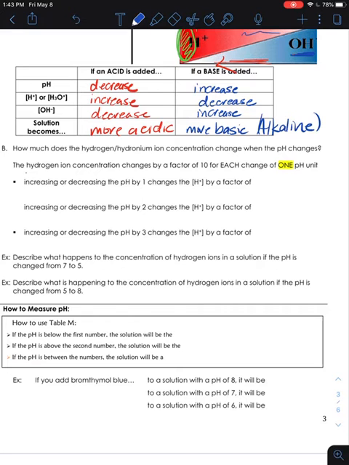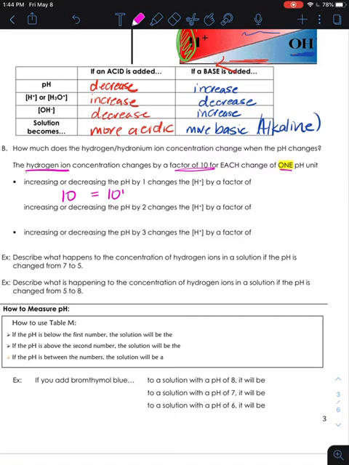I'm going pink. A hydrogen ion concentration, each pH unit is a factor of 10. So if I'm going to increase the pH by 1, that is a factor of 10, which is the same thing as writing 10 to the 1.